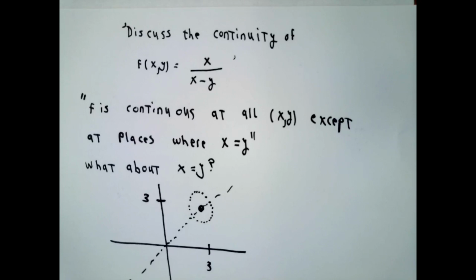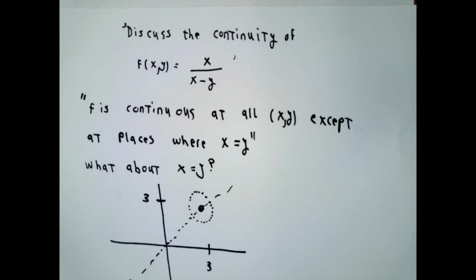What about x equals y? Does the limit exist, possibly? For example, I might look at the point x equals 3, y equals 3, and think of the limit of f of x and y as x approaches 3 and y approaches 3.